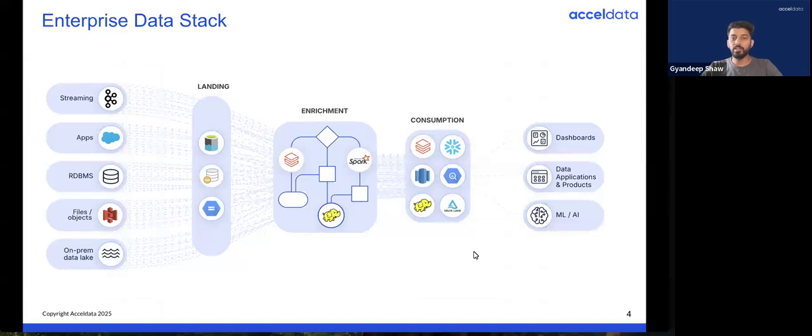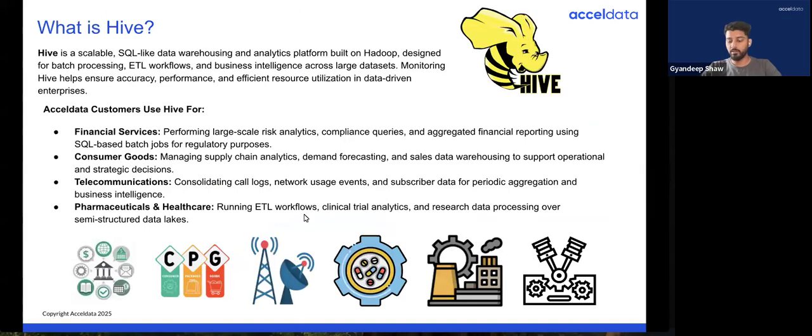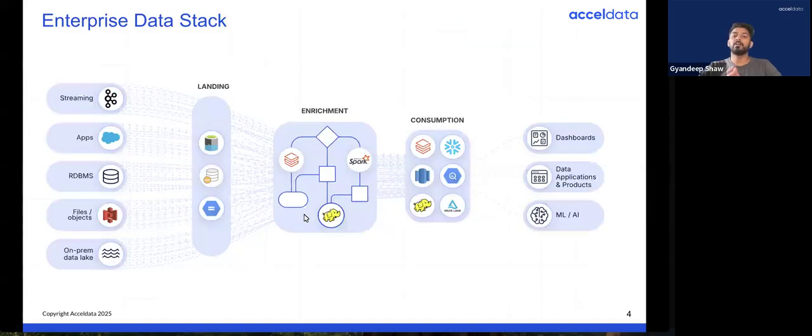So mostly you'll find Hive in the enrichment and consumption zones, and Accelerator can offer you the ability to connect Hive as a data source. So the net of this slide is that Hive can be used by companies of different lines of business, for the enrichment layer or the consumption layer.